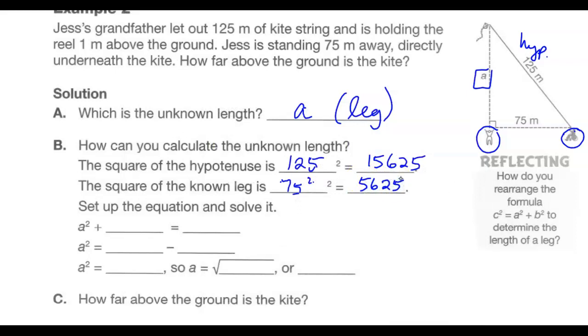Now set up the equation and solve it. We have a squared. The square of the other leg is 5,625, and the square of the hypotenuse is 15,625. So really we have to take the square of the hypotenuse and subtract the square of the other leg.